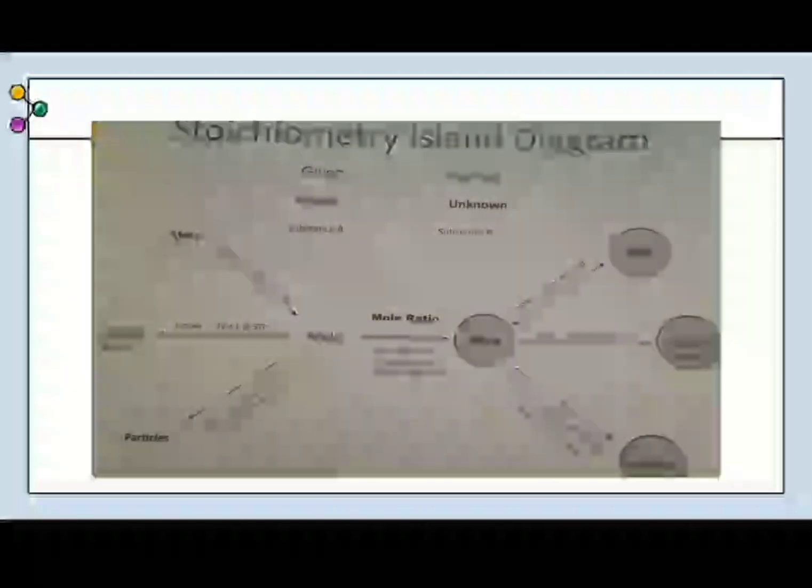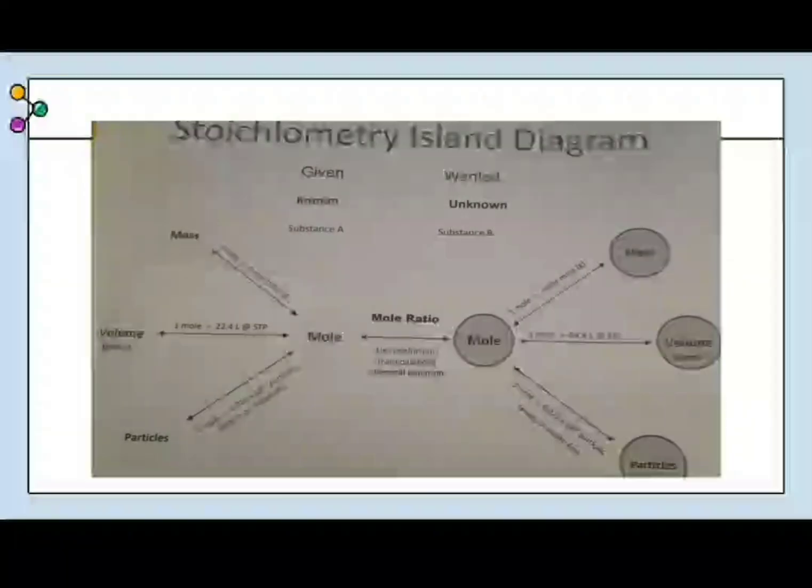If you need extra help, you could have used the stoichiometry island diagram that shows you what you're converting and how you're getting there. For our first reactant, we went from particles, I believe, but that could be molecules or atoms. So you're going from particles to moles, that's like 2 steps right there.